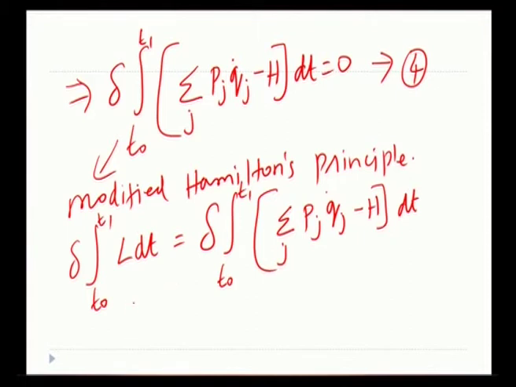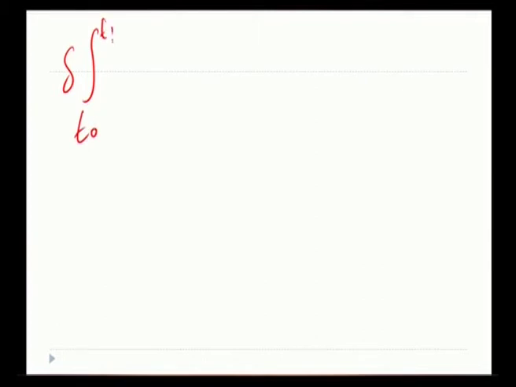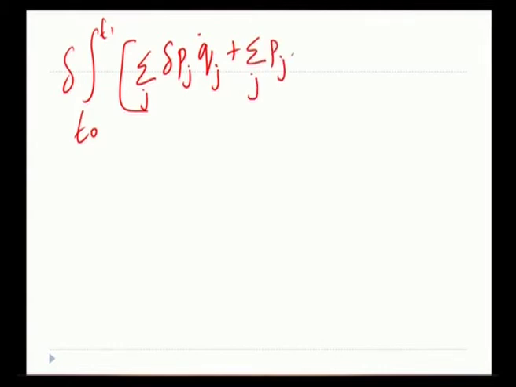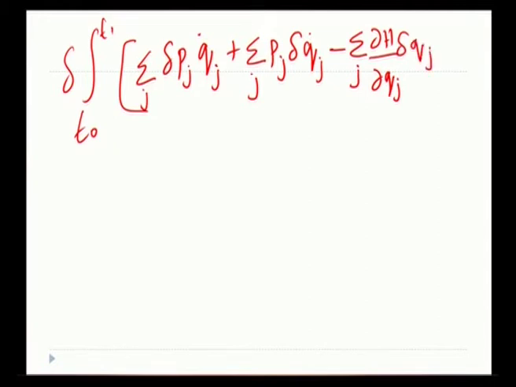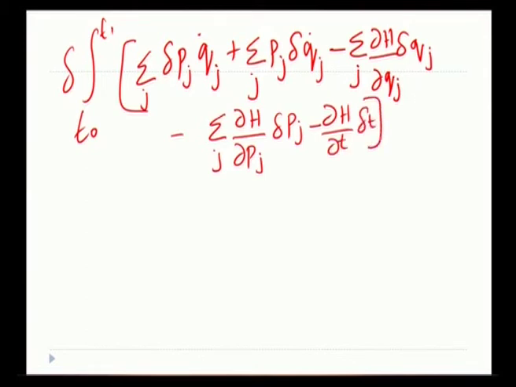Just to expand this, we will get del of integration between t0 to t1 of summation over j del pj into qj dot, plus summation over j pj into del qj dot, minus summation over j dou h by dou qj into del qj, minus summation over j dou h by dou pj into del pj, variation in the momentum of the jth particle, minus dou h by dou t into del t into dt.